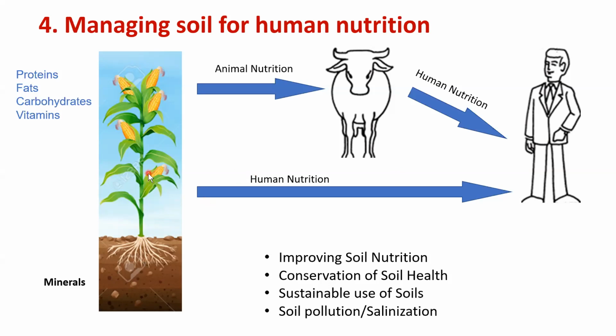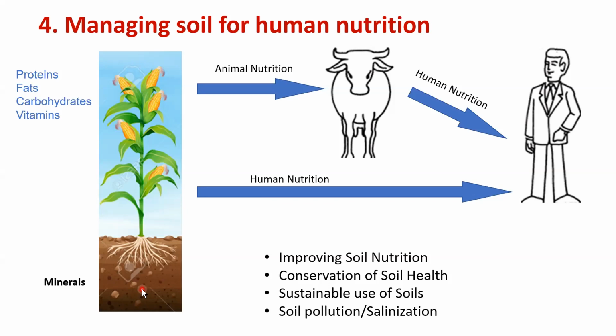The plants get minerals from the soil and convert them into proteins, fats, carbohydrates, and vitamins, or they keep the minerals in free form in the plant tissues. So the plants are not only a source of proteins, fats, carbohydrates, and vitamins for animals, they are also a source of minerals for animals and humans. And those minerals come from the soil.